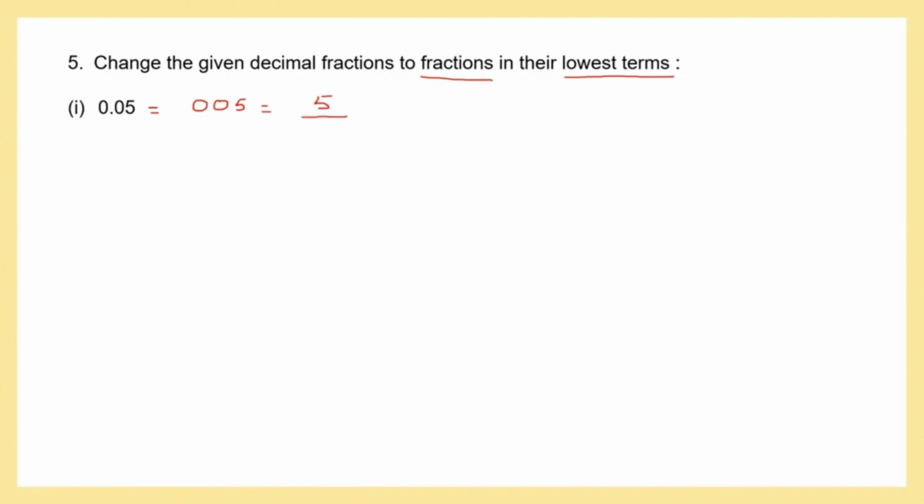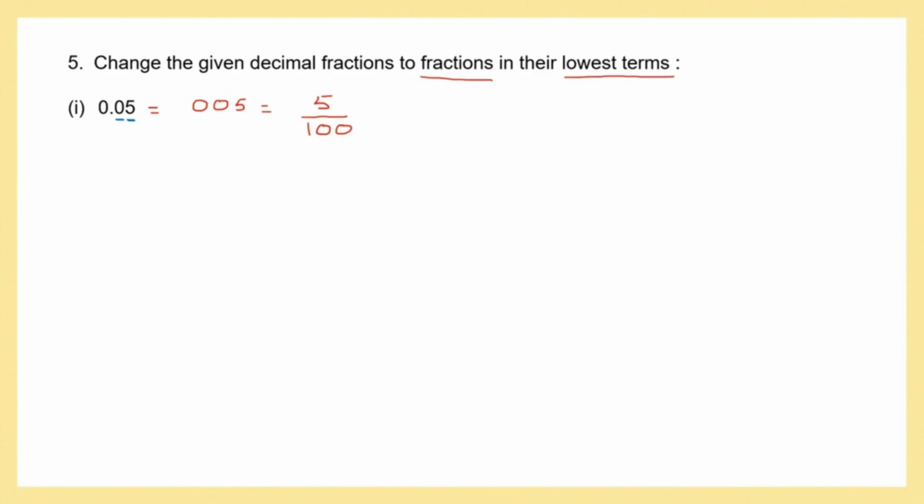Now go back to the question and see how many places there are after the point. 1, 2. So my denominator is a higher power of 10, which has 2 zeros. So 1 followed by 2 zeros. In my question, there are 2 decimal places, so my denominator must have 2 zeros. So this is my answer, 5 by 100. I have converted it to a fraction.